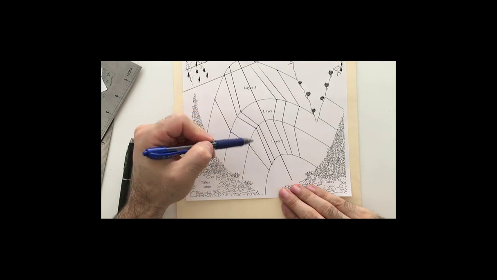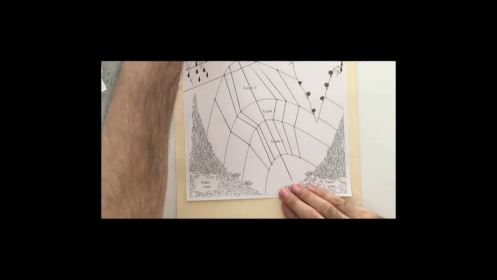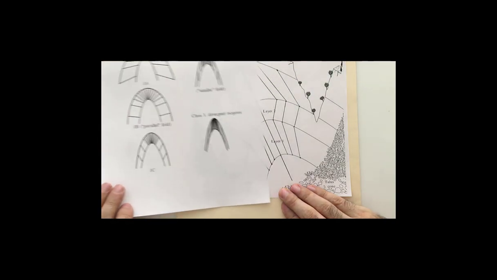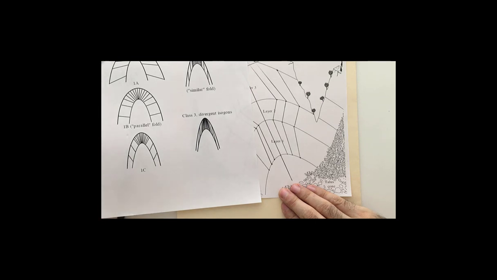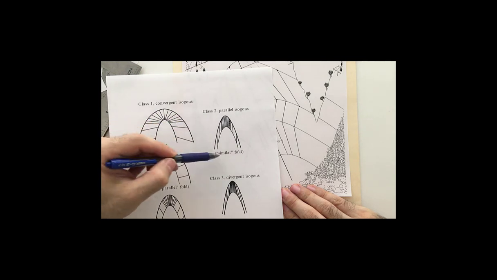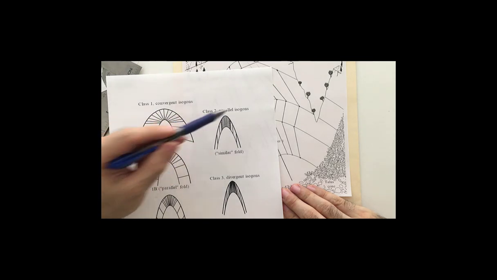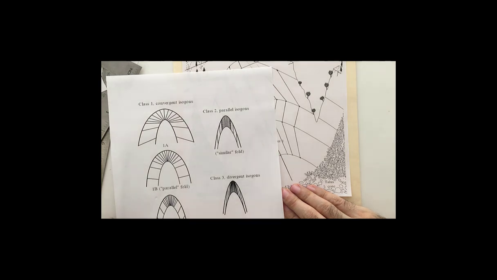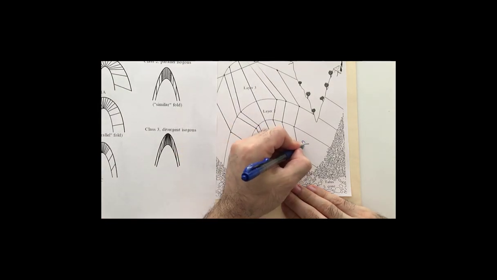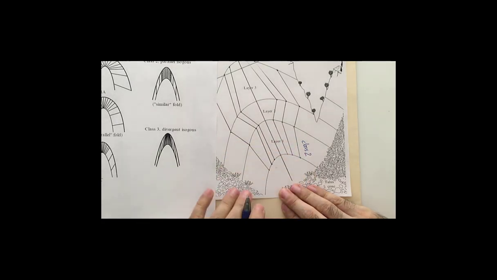So we can go back to the Ramsay classification. Where the isogons are parallel with the axial trace, it is a similar fold, which is class 2. So we are dealing here with class 2.